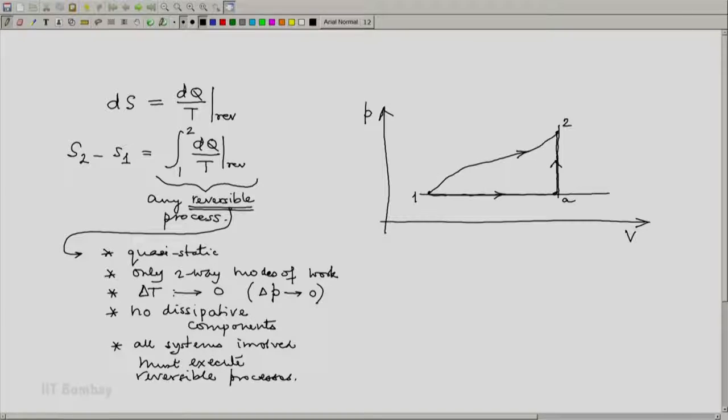Another possibility is to take a constant volume line from 1, a constant pressure line from 2, and decide that we will go first along the constant volume line 1B and then go along the constant pressure line B2.